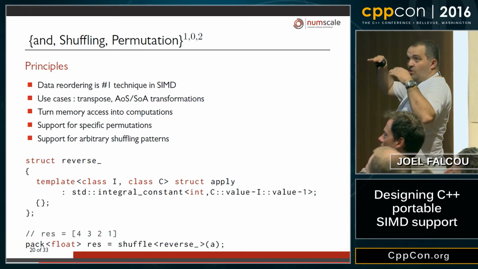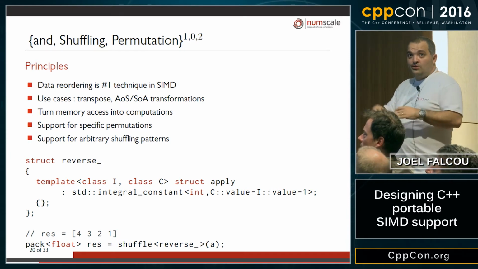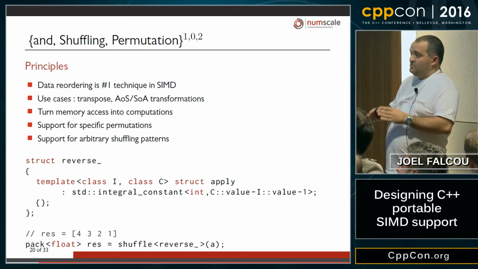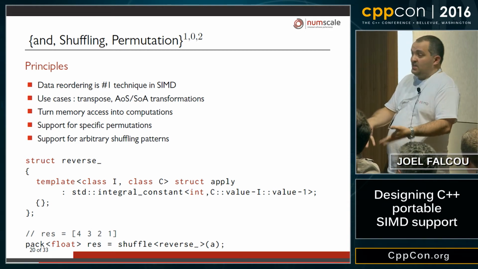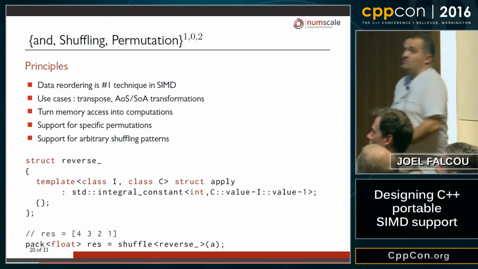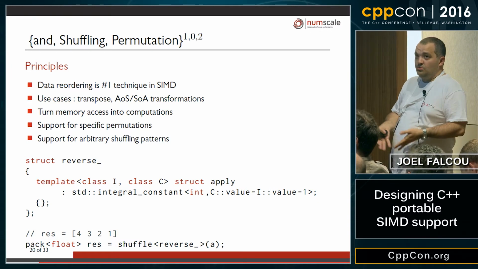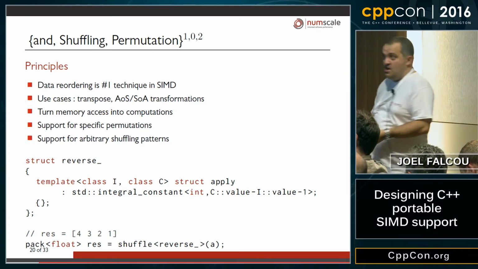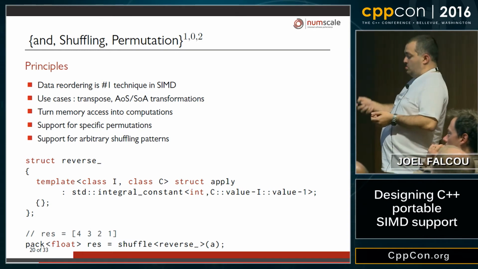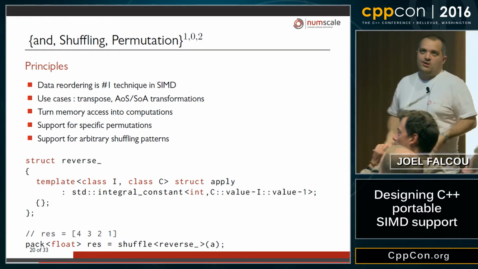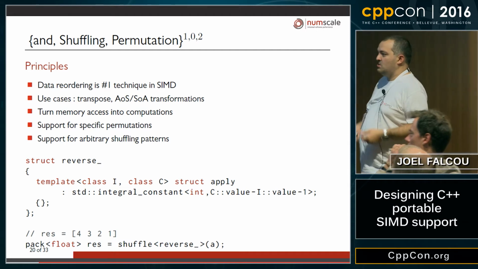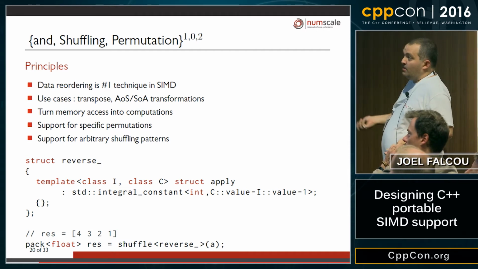If we fall through all the cracks that try to recognize special patterns, then we call the basic shuffling function. And if we fall in the cases where it does not exist for the type you want or for the size you want, we just do the permutation by hand, element by element. But you can actually use shuffle everywhere, and we will map it to the correct intrinsics just behind your back at compile time.